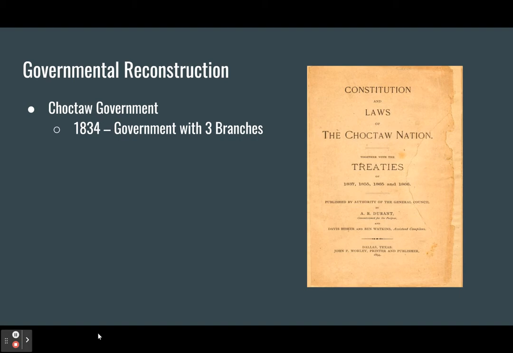And also, in terms of their judicial branch, they have law enforcement that is a part of their judicial branch. So there are 18 elected light horsemen. So, in other words, their law enforcement is elected. There's 18 of them. Within their constitution, they also have a Bill of Rights.